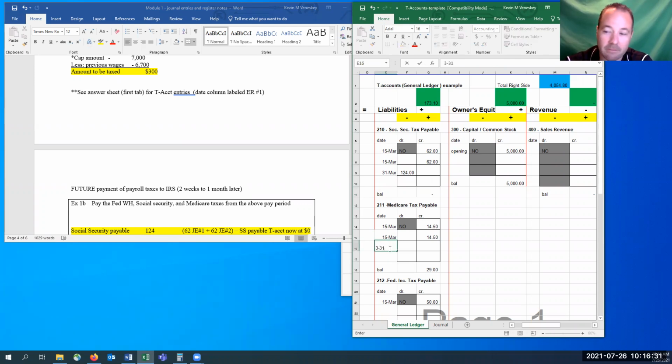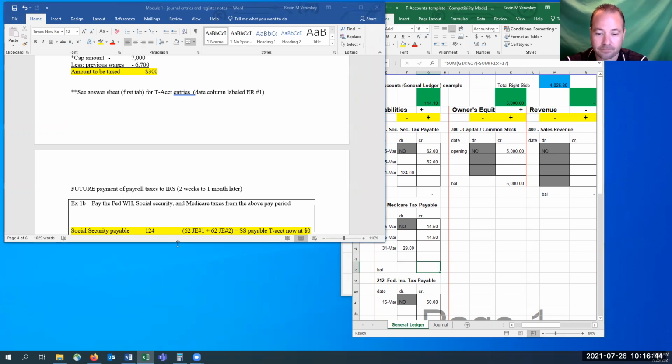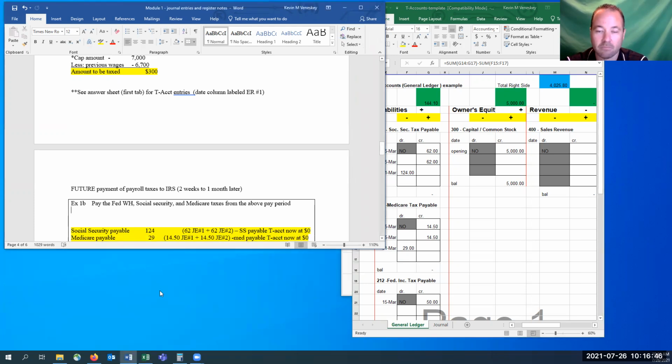On 3/31, when I make the payment, I'm going to see how much I owe and then put it in here. That's $29, and that shows me nothing is left. Medicare payable, I debited 29, so I put that over here in my journal entry.